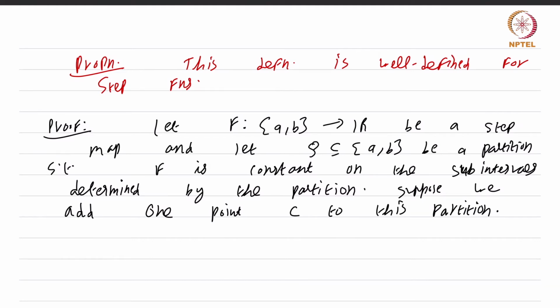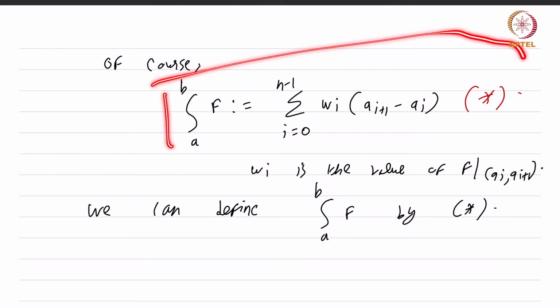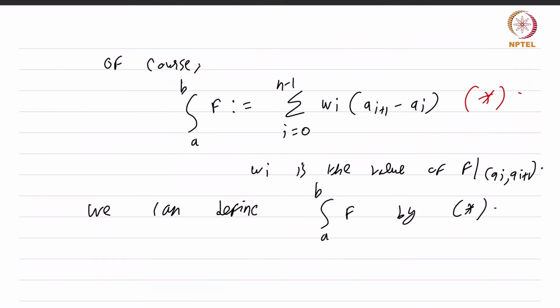Then by an induction argument, you can prove that no matter how many points you add, the integral is always going to be the same. Then if you have a step map which is constant on the subintervals determined by another partition q also, then you just take the common refinement and you are done. You have shown that the integral defined with respect to this formula for the first partition p is the same as the answer you get when you use the same definition for the partition q.